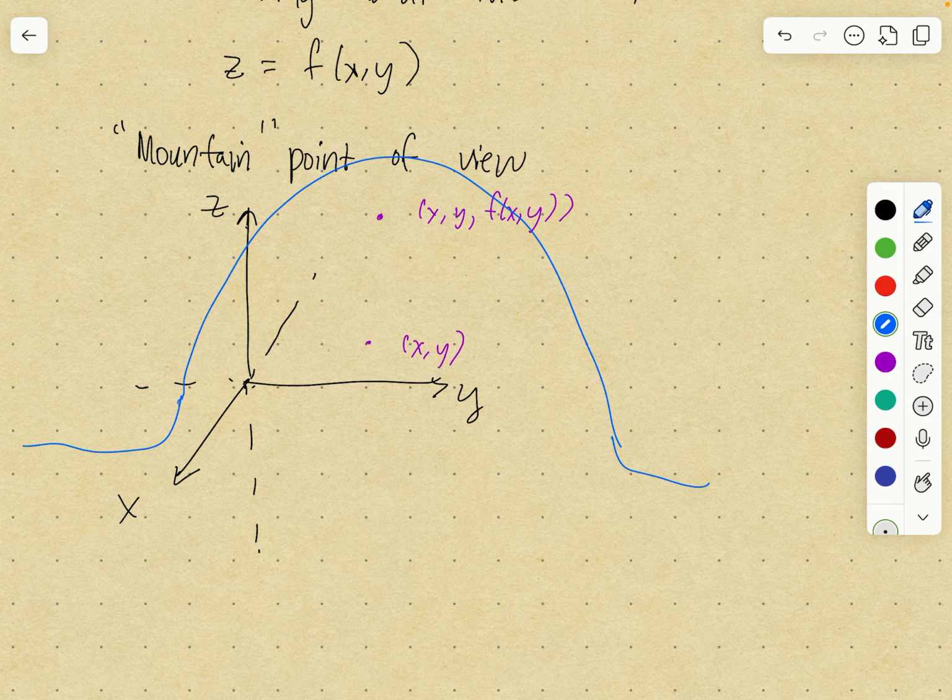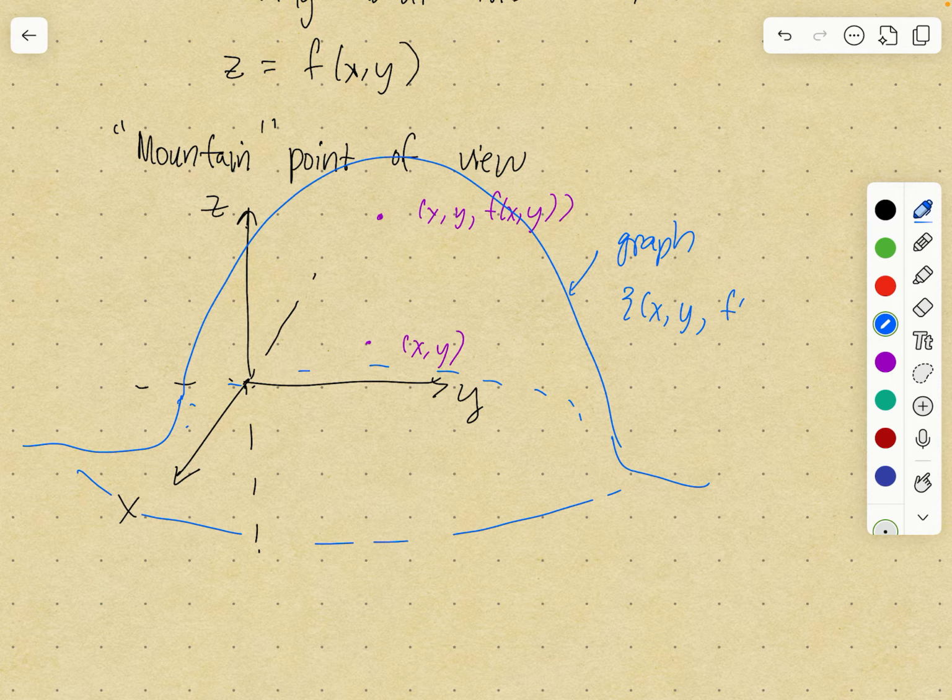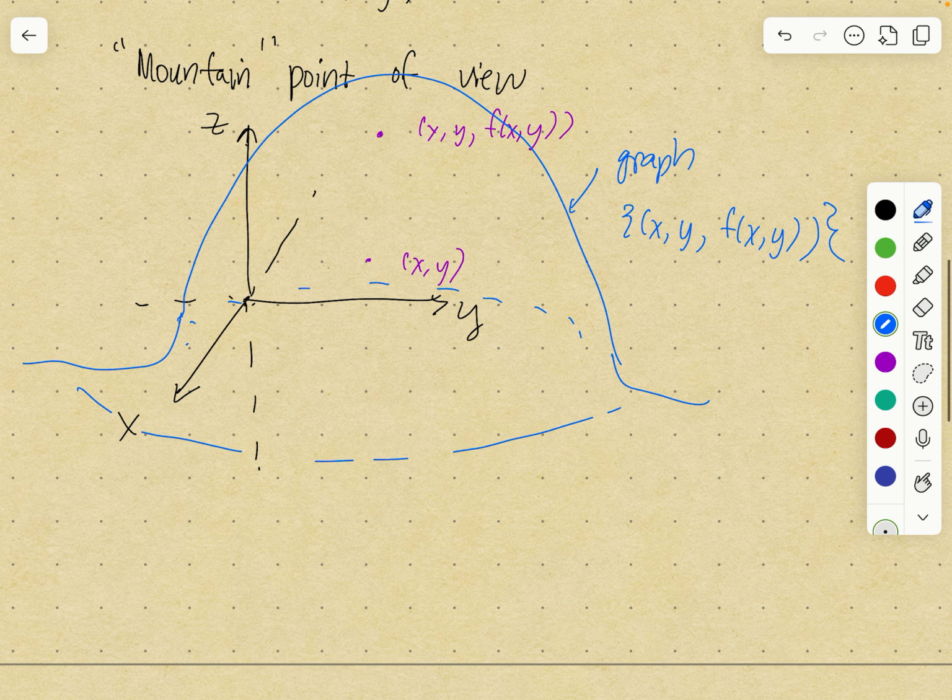I don't know, some kind of surface, like maybe like this, and your point x comma y is on the xy plane, and then you have this surface that's kind of sticking out. So this is when you graph all the x comma y comma f of xy. When you graph all these triples, you get a bunch of points in three-dimensional space, and then that would be this kind of surface.